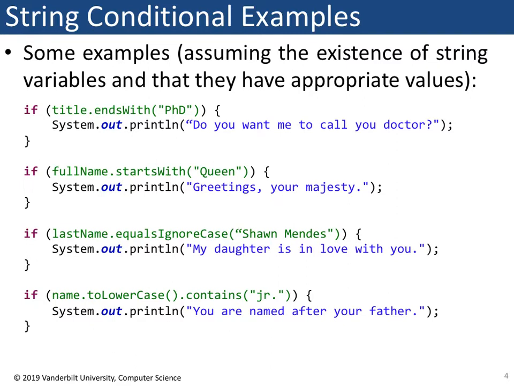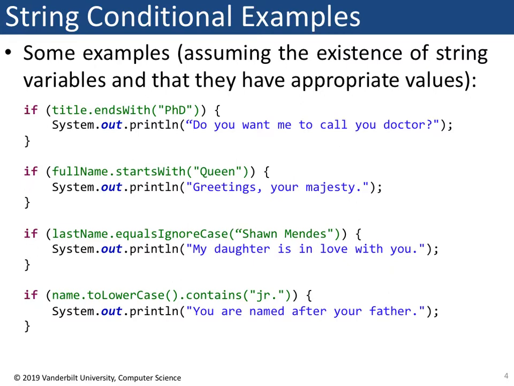To find out whether or not someone's title ends with PhD, we have a string variable which was declared somewhere up in the program, we assume, and it's called title, and it was assigned some string value. And now we want to know if that string value ends with PhD.